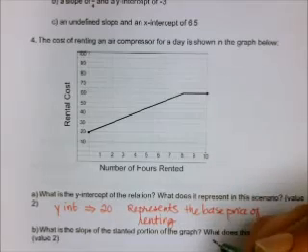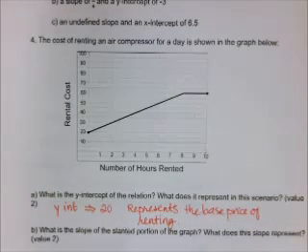They might do that because they want to cover wear and tear on the machine, so they say, well, we have to have a base price of $20. Even if you only rent it for an hour, it's still going to be $20. That makes it worth handling the air compressor, all of those things. So that's what that y-intercept actually represents in this case.